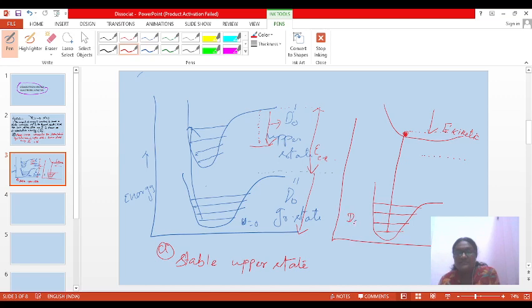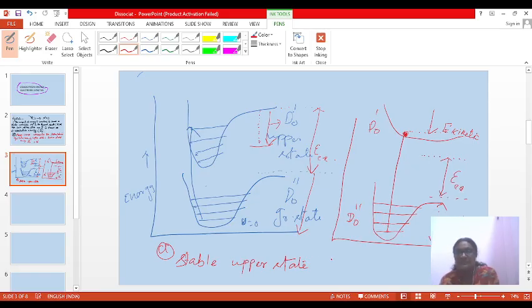This is the T0 single prime. This is the T0 double prime. This distance is for E excitation. From the dissociation point to here is the T0 double prime.